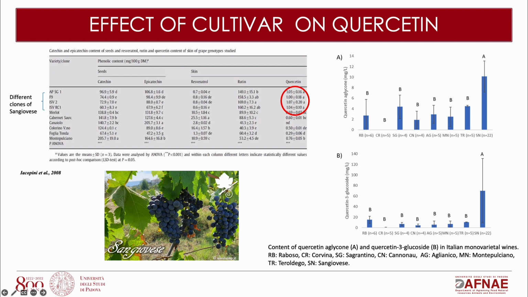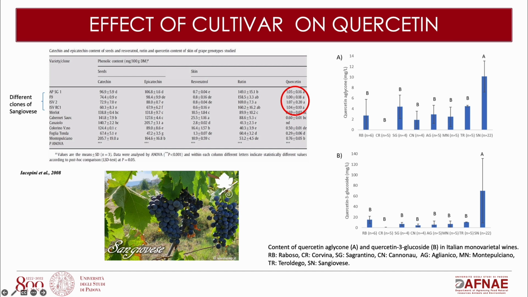In the paper we published in OENO One, we made a comparison with different monovarietal wines produced with autochthonous Italian varieties. We measured quercetin aglycone, but in the lower part of the graphic, we also measured the glycosidic compounds of quercetin.